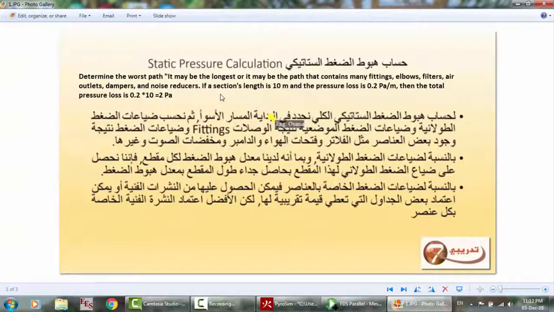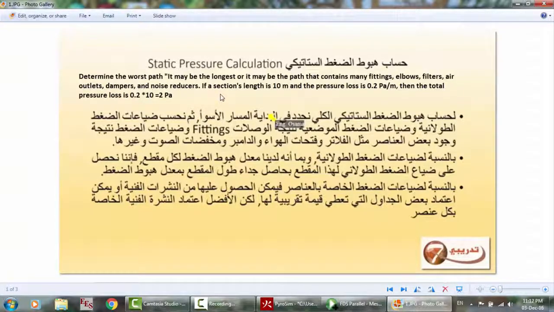And here is the duct. Here the static pressure. You have to calculate the static pressure loss to know what exactly you have to push the air until it reaches the longest path or the worst path.